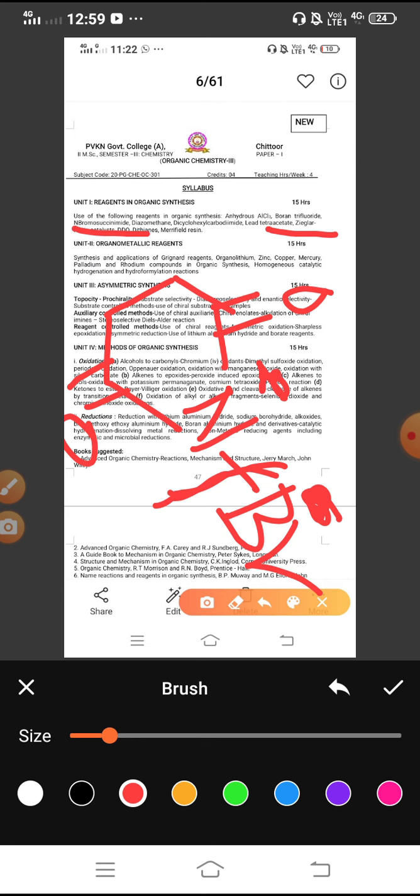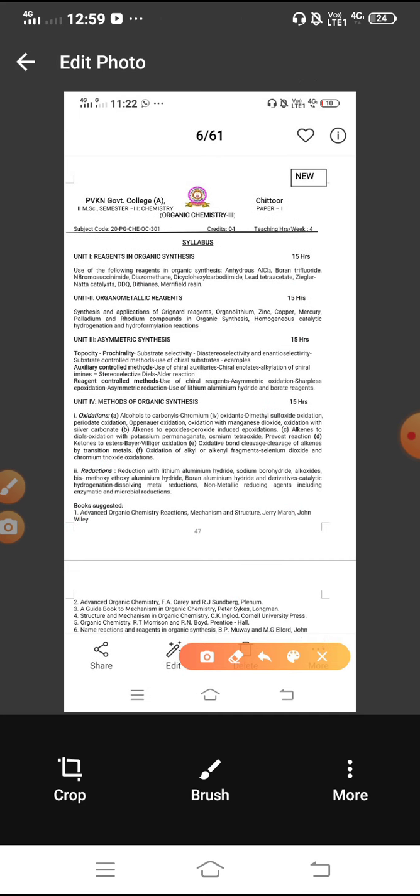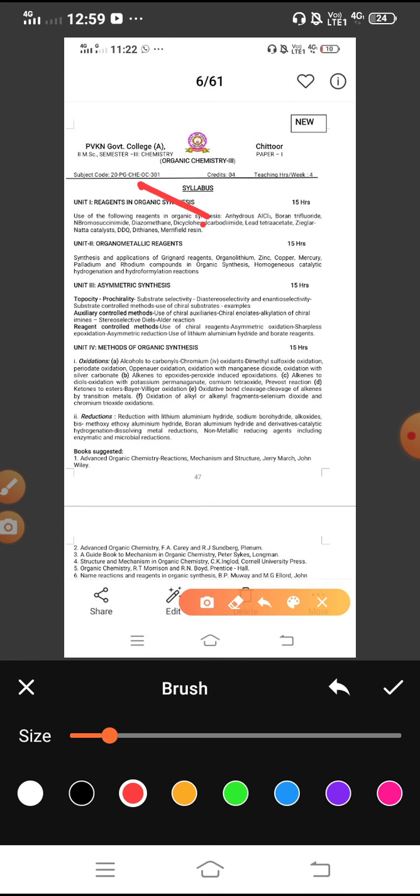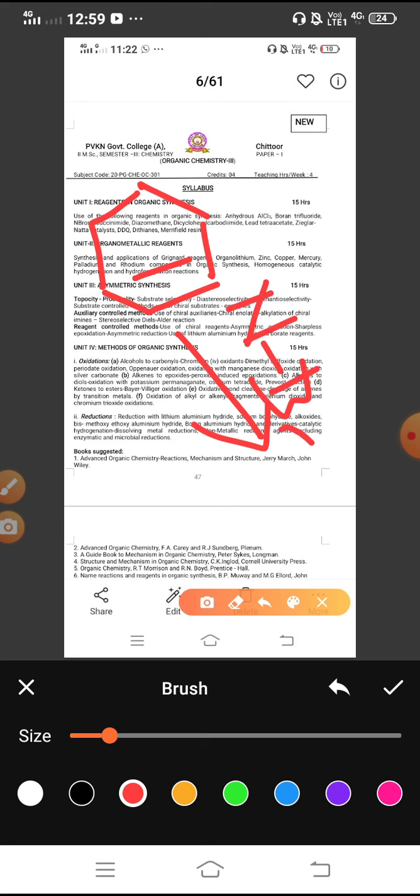So here, for example, we are using cyclohexene with NBS, N-bromosuccinimide.